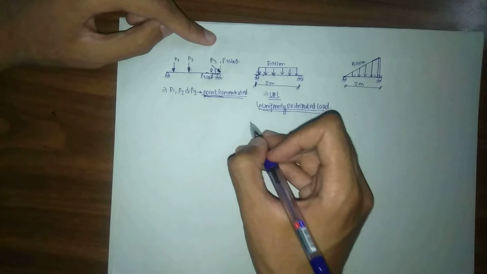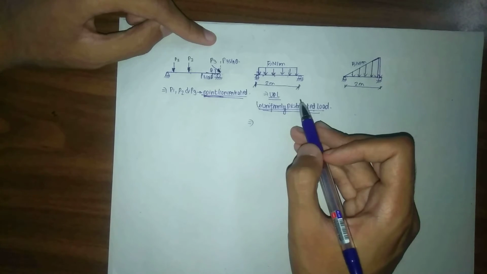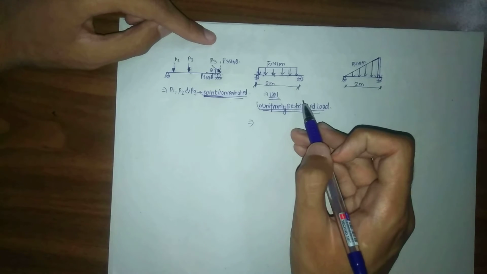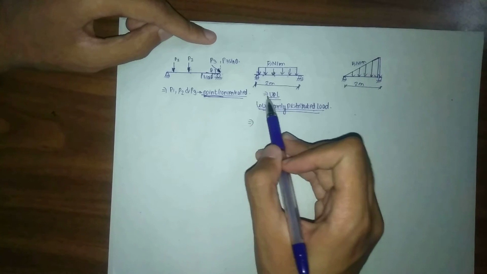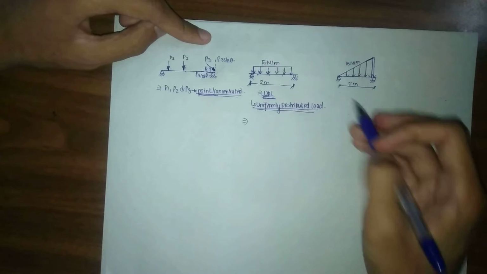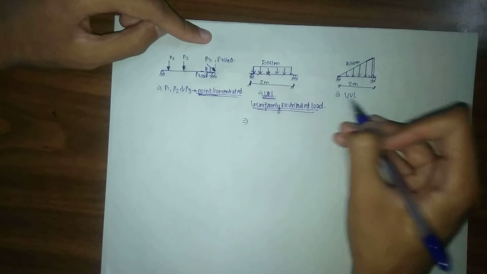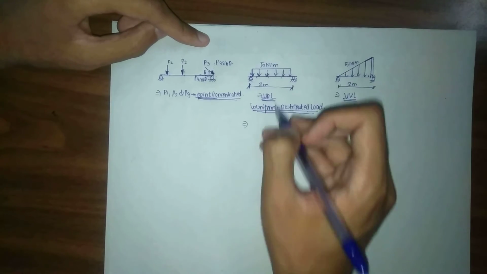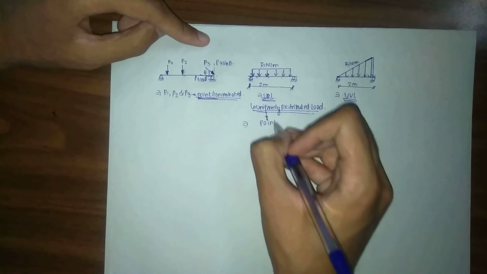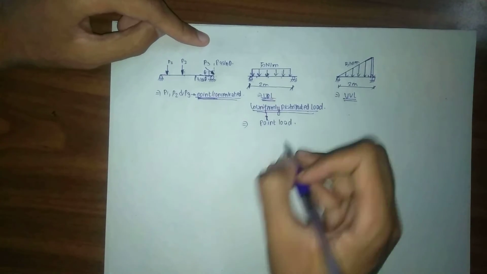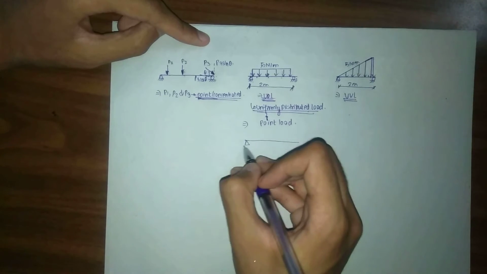As I said before, in order to solve any numericals related to beam, we need to convert any type of load, whether it may be UDL or UVL, uniformly varying load, which we will talk about later, into a point load. So how do we convert uniformly distributed load into point load?